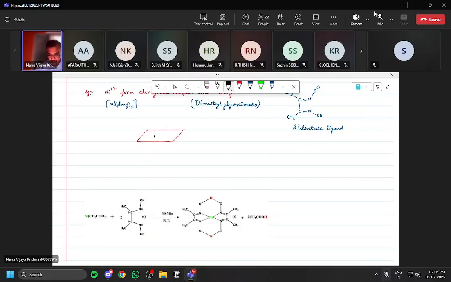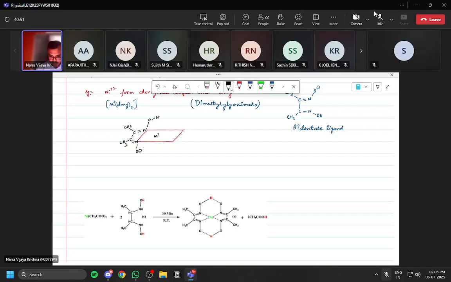This is the central atom nickel. Carbon, single bond carbon, double bond nitrogen, double bond nitrogen. Oxygen, O minus, OH, CH3, CH3.